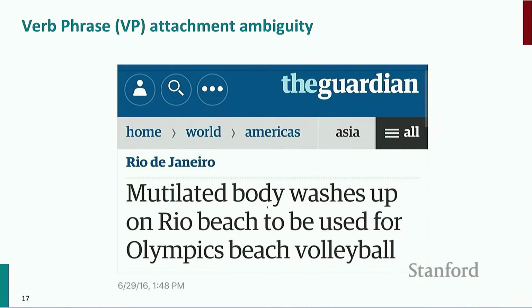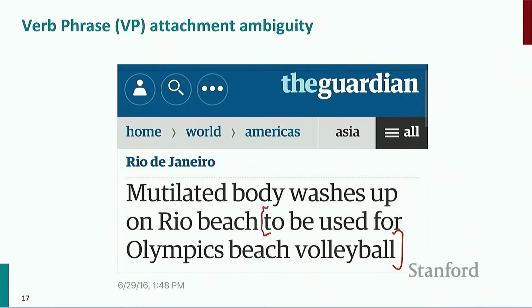Yeah. So here we have one of these infinitival verb phrases, to be used for Olympic beach volleyball, and these have the same effect as prepositional phrases, in that they can modify different things.